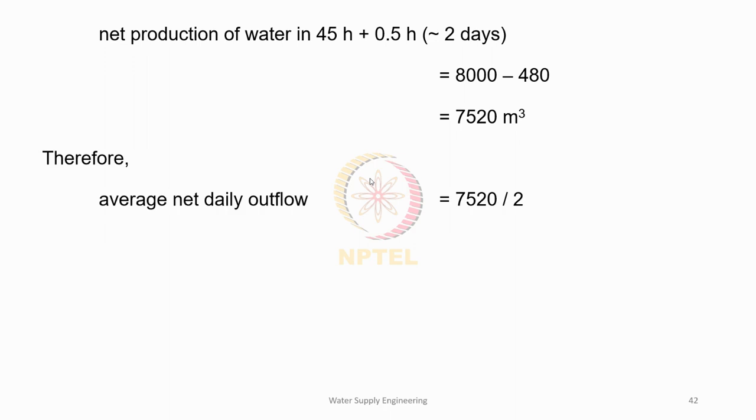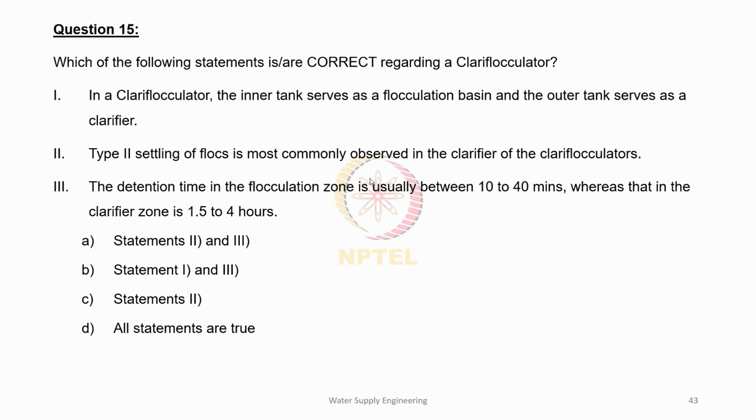So the net daily outflow will be 7,520 by 2, which is 3,760 meter cube per day. Hope that is clear. Moving on to the 15th question.